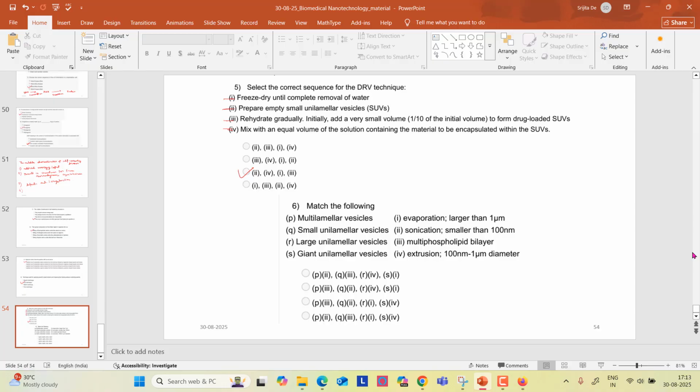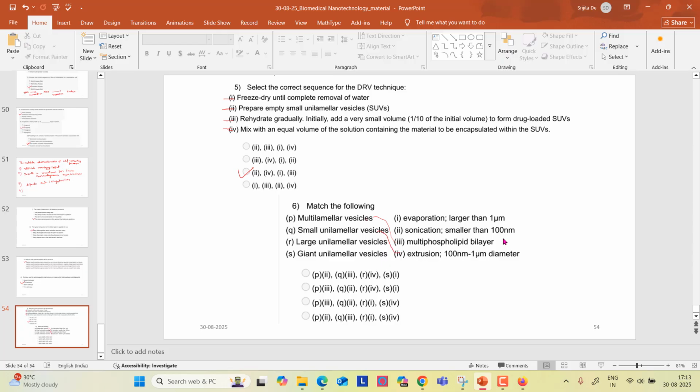So which one is correct? Multilamellar vesicles means obviously multiple phospholipid bilayers, right? Small unilamellar vesicle is this range, extrusion.